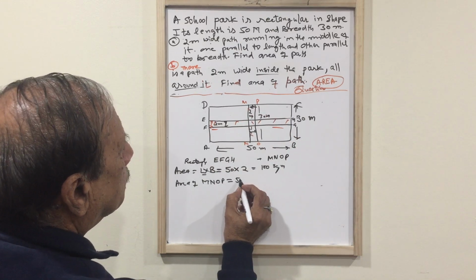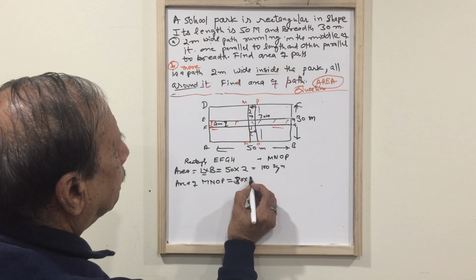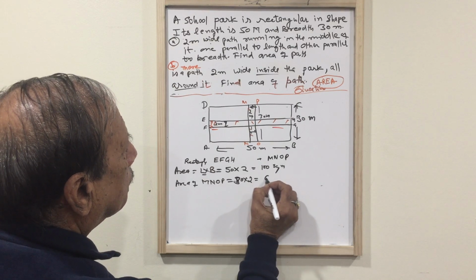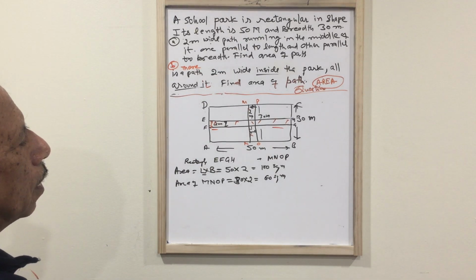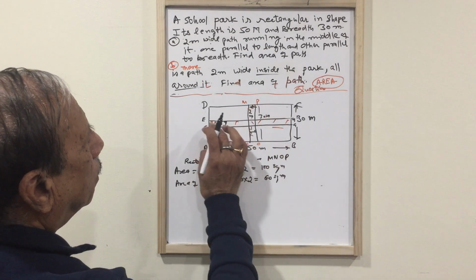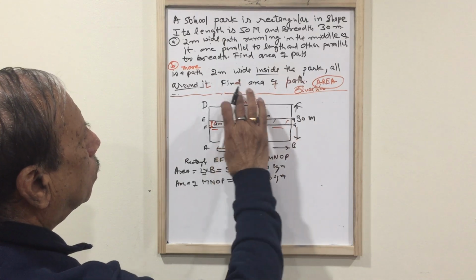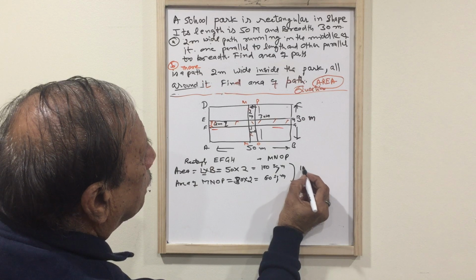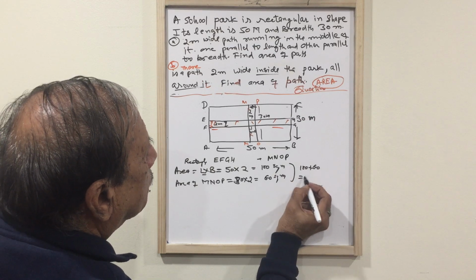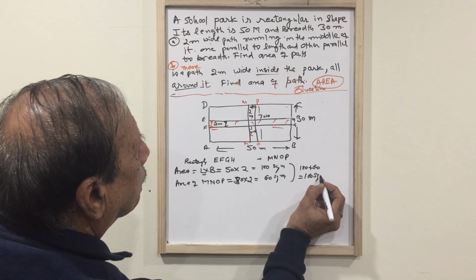So 30 meters multiplied by 2 meters is equal to 60 square meters. The total area of these two rectangles, if we add, is 100 plus 60 equals 160 square meters.